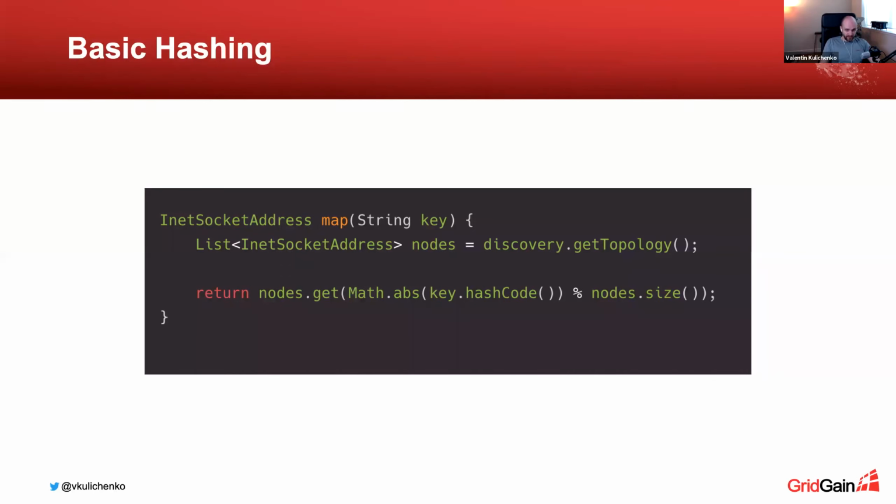We will then calculate the hash code of the key, just using standard Java method for now. We will also get the absolute value to get rid of negative values, and then apply modulo function based on the number of nodes that we have. And that will basically give us the index in the list. And assuming that, again, as long as topology doesn't change, we'll always get the same index and we'll always get the same address for a certain key this way.